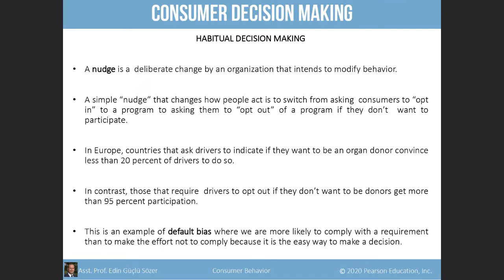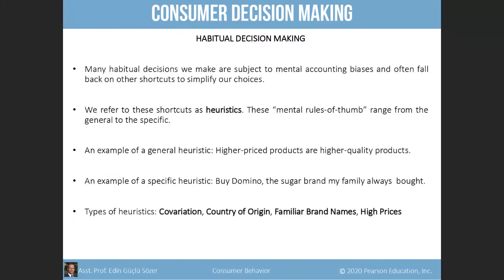As you see, it becomes a default bias, right? We really want to comply with the requirement, because the other option is much more affordable for us, and we don't want to spend effort on it. This is the default bias.